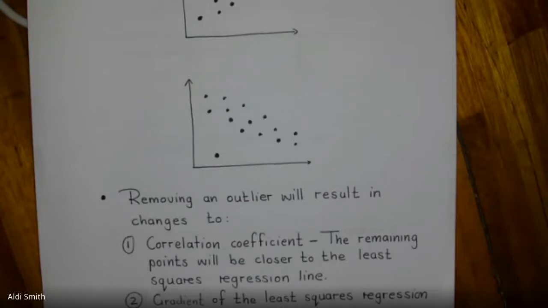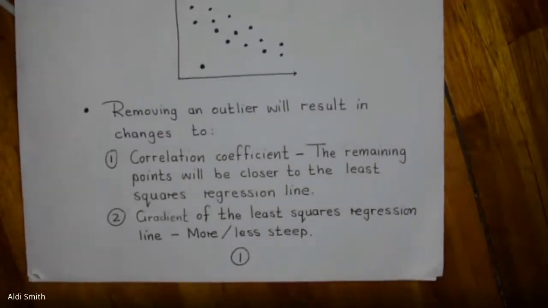Okay. Then, next thing that will change is the gradient of the least squares regression line will also change. Now that one, you can't just give any answer. With that one, you've got to look at what the graph looks like and what the least squares regression line looks like.